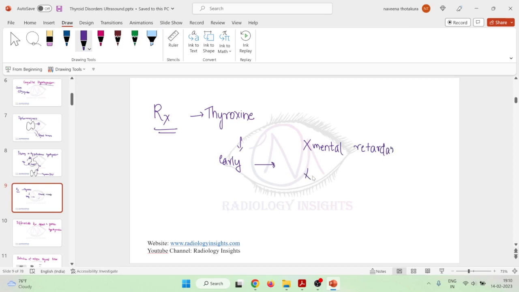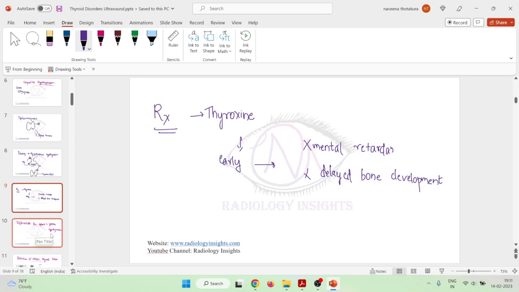It will prevent delayed bone development because thyroid hormone is very important for brain development and bone formation. So supplementing thyroxine in the early stages will prevent mental retardation and delayed bone development.